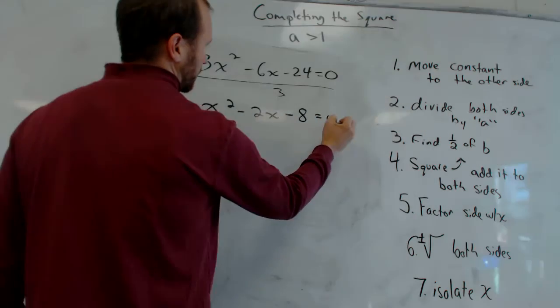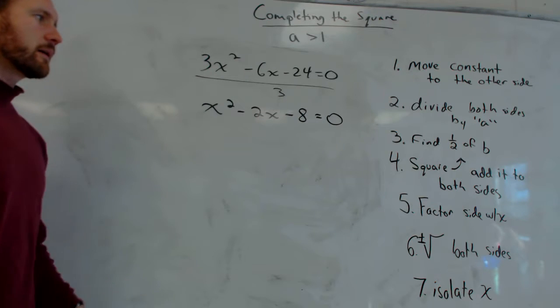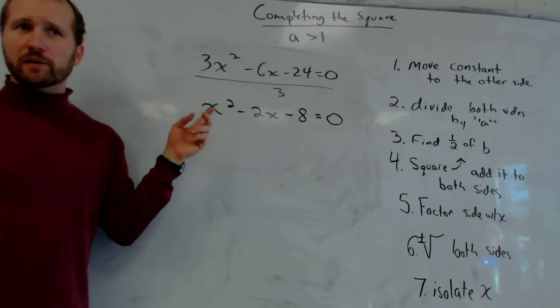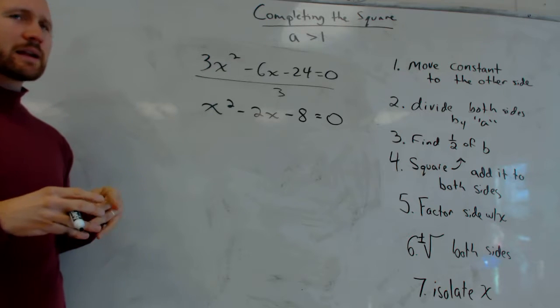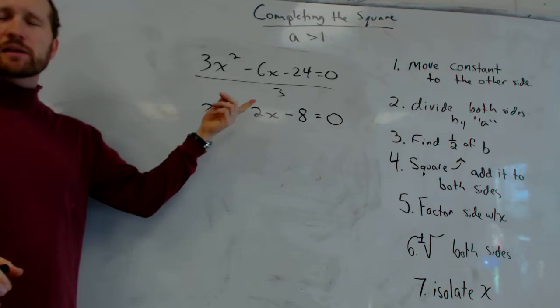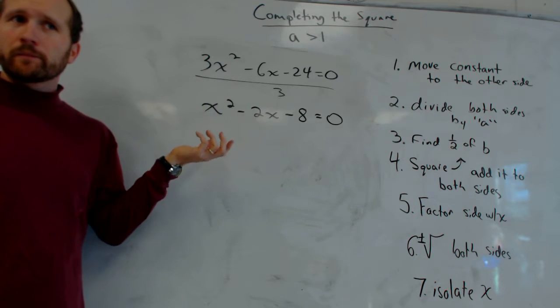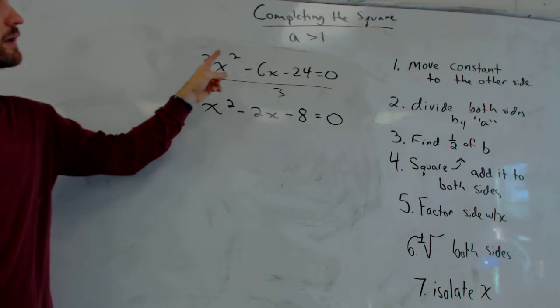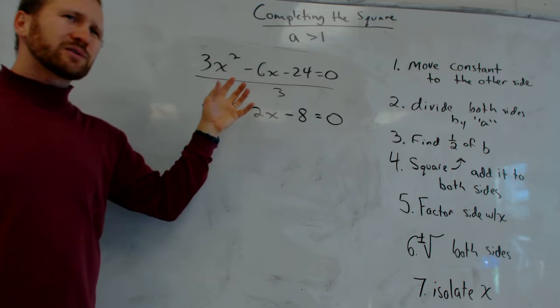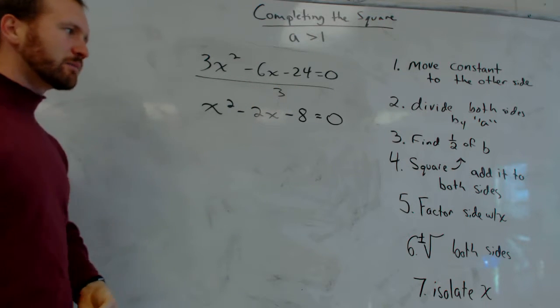Okay. And then it's just like a regular completing the square. There's not really any difference. You're going to be dividing by 3 no matter what you do. But I think it's good to observe that if everything is divisible by 3, it's sort of simpler. It kind of simplifies itself.